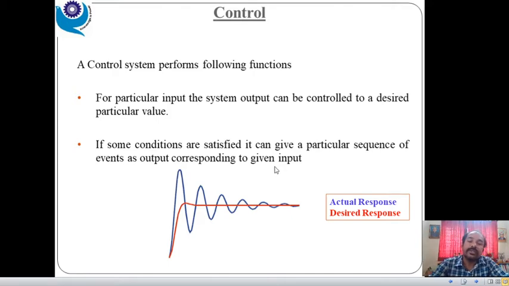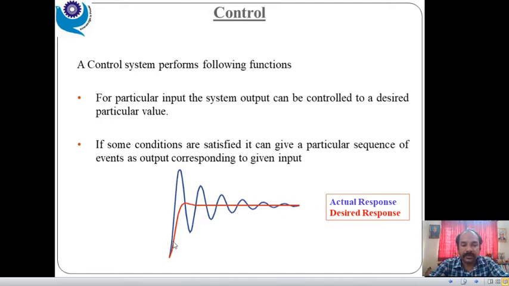So we can see over here, when we give the input, the response we get at the output of the system: the red color is the desired response, and the blue color is the actual response.